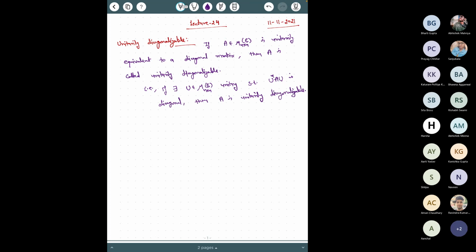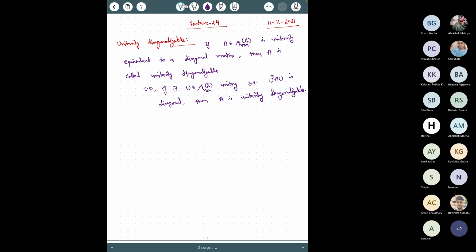Not every matrix is diagonalizable, we know that, and in the same way not every matrix is unitarily diagonalizable. Unitarily diagonalizable implies diagonalizability. We'll see whether the other way is also true. Unitary diagonalizable is much stronger, because the similarity matrix U, a unitary matrix, is always invertible, but not every invertible matrix is unitary.